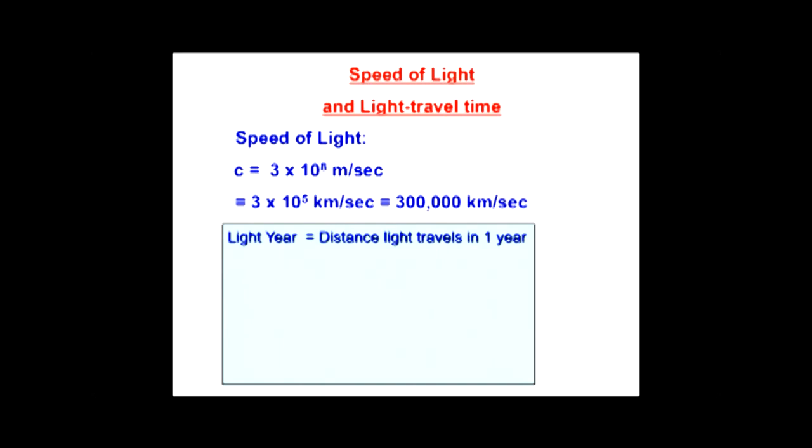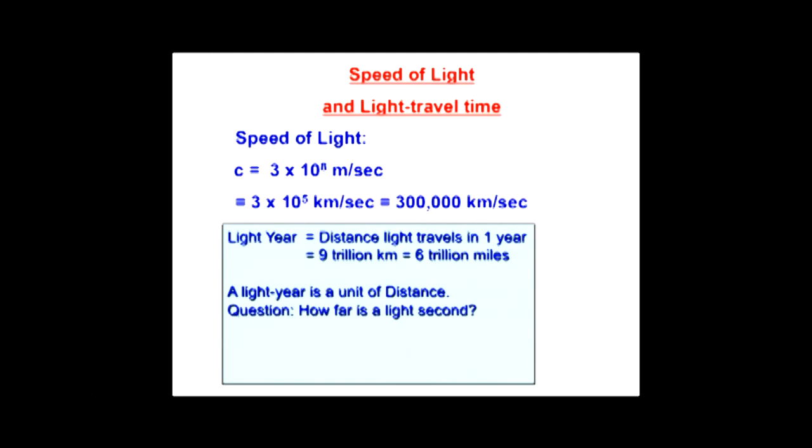Well, in a year, light traveling at 300 million meters per second goes a really, really long way. And the answer is it goes 1 light year by definition. Light goes a light year in a year, or in other words, 9 trillion kilometers, which is 6 trillion miles. In 1 year, light travels 6 trillion miles. A light year is a unit of distance, not a unit of time or speed, but distance. It's the distance light travels in 1 year. So that's what a light year is.